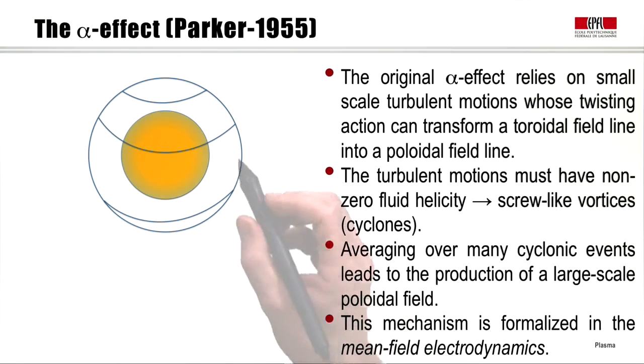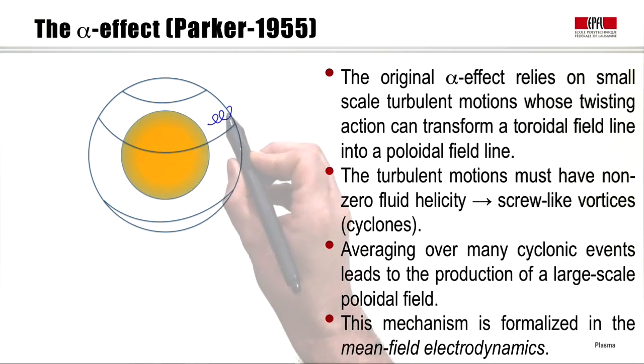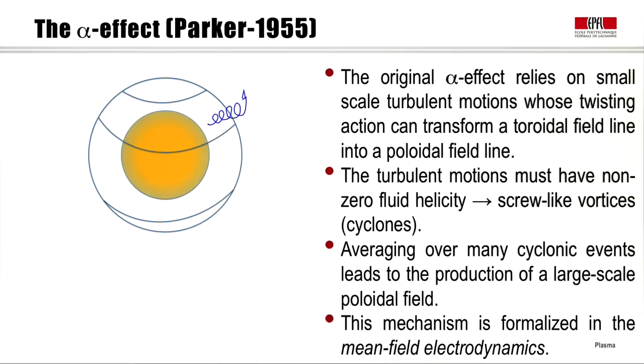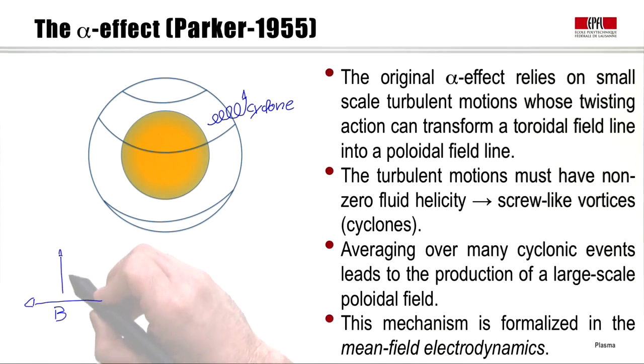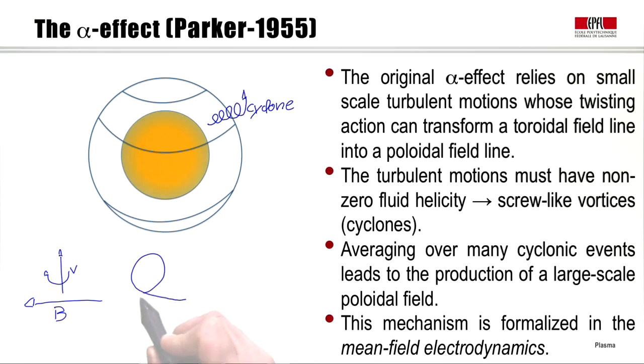The turbulent flow can look like corkscrew vortices with an unequal number of right-handed vortices and left-handed vortices. Let's now consider a magnetic field line that is immersed in a plasma that exhibits such a complex cyclonic flow. These vortices can simply lift the magnetic field line up and twist it.